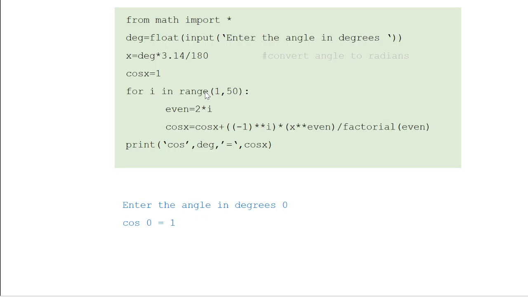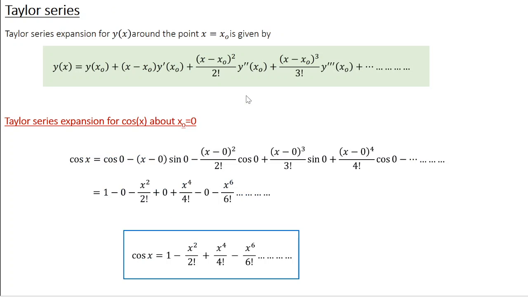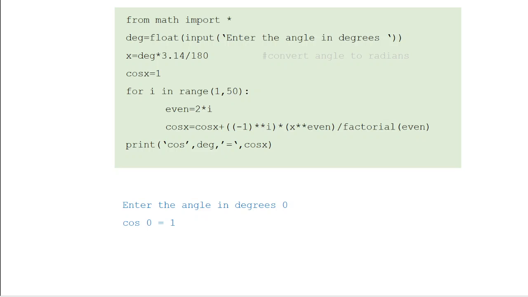So for I in range 1 to 50, then I need to have only the even terms, right? So I'm going to create a variable known as e1, which is equal to 2 into I. Okay, so this will give me an even term.